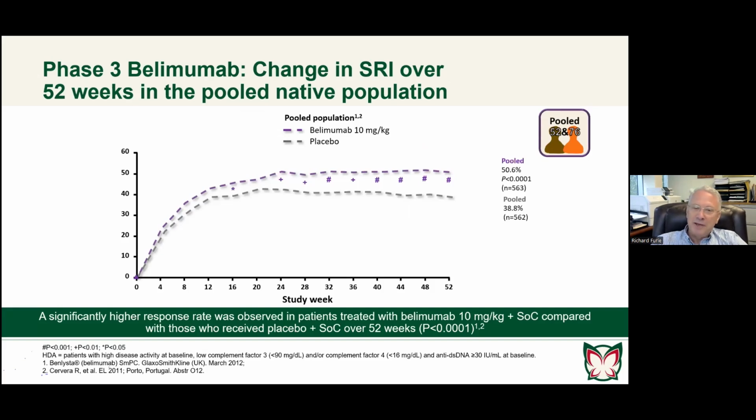Maybe not 100% are on all three, but roughly about 3/4 are on background steroids, about 2/3 on background antimalarials, and about 50% on background immunosuppressives. So you can look at the effect size on the right-hand side. It comes out to about 11 percentage points or so.